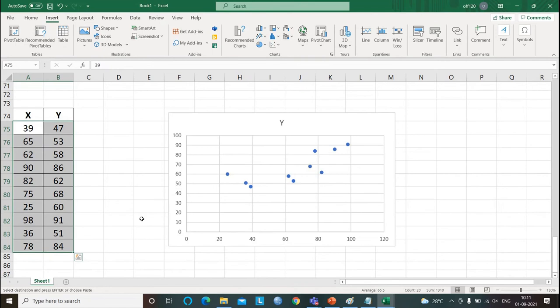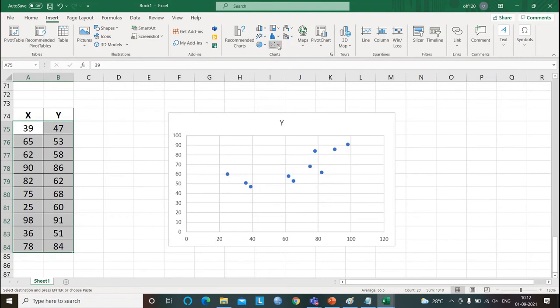But by plotting these values, we can come to a conclusion whether they are positively related or negatively related. First you have to plot these values, then you can go for simply joining these values.